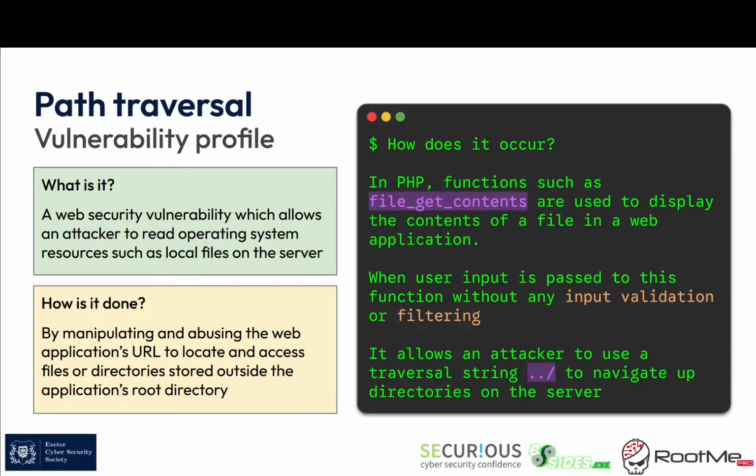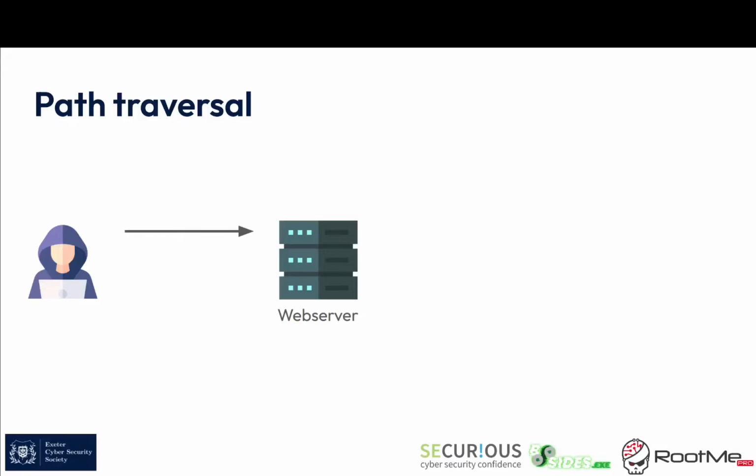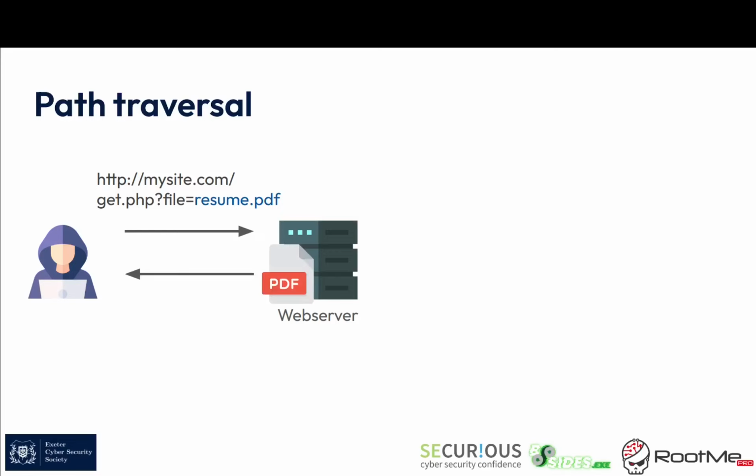So we'll go through and look at an example now. Let's say I have a website and I have a get.php file. All this get.php file does is fetch a file. In this case, the intended use case is I want to see my CV.